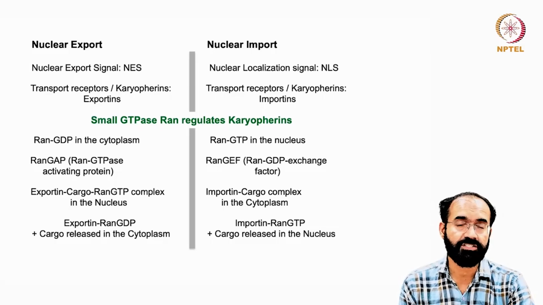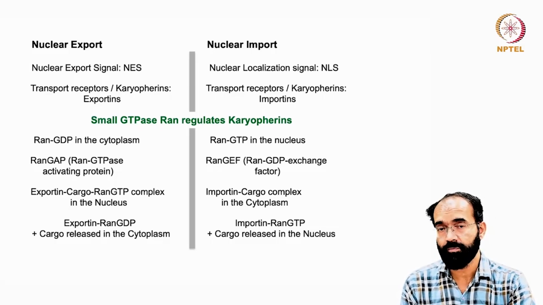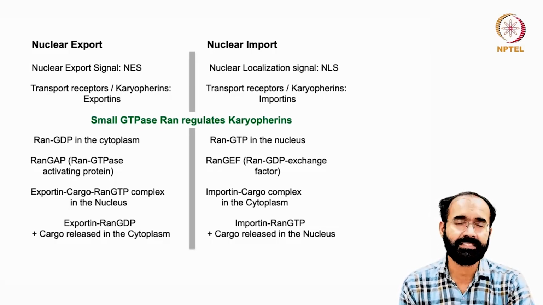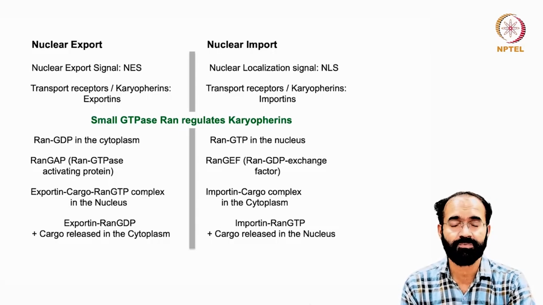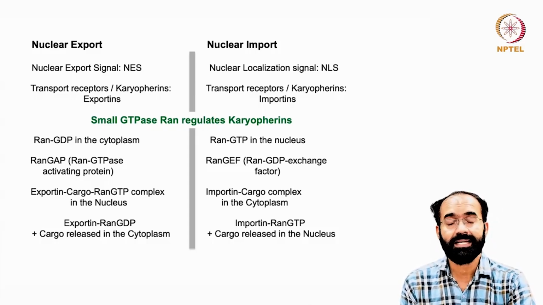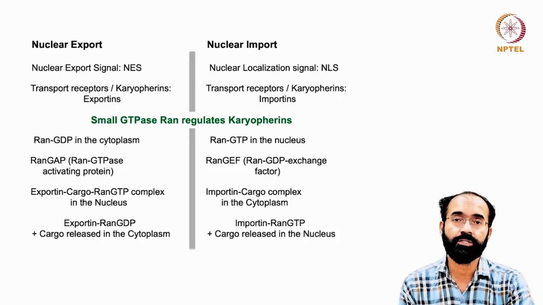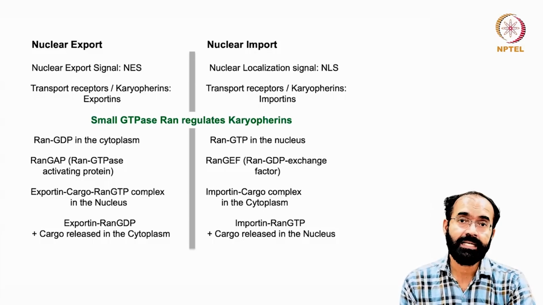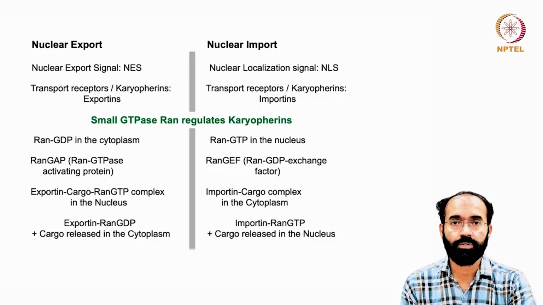Now we are talking about a situation where the RNA that arrived in the cytoplasm, like snRNA, comes from the nucleus to the cytoplasm in the form of snRNP, and it undergoes further processing so that this snRNP can go back to the nucleus, because splicing happens in the nucleus, so it needs to be available in the nucleus. In such a scenario, the RNA cargo must go back into the nucleus.